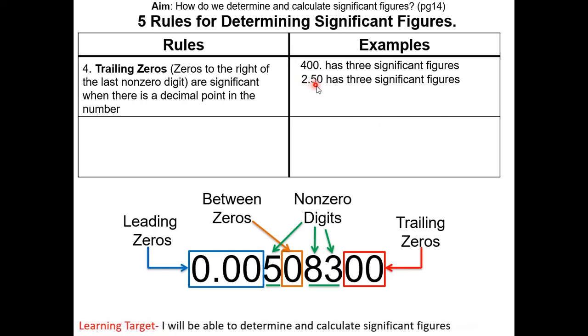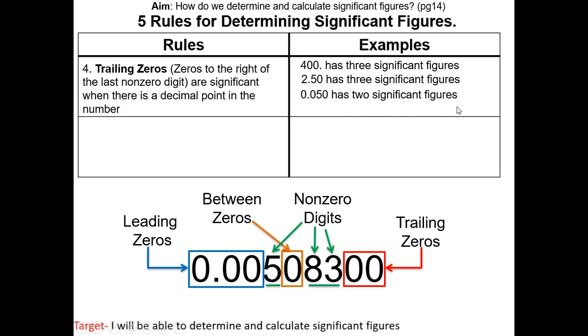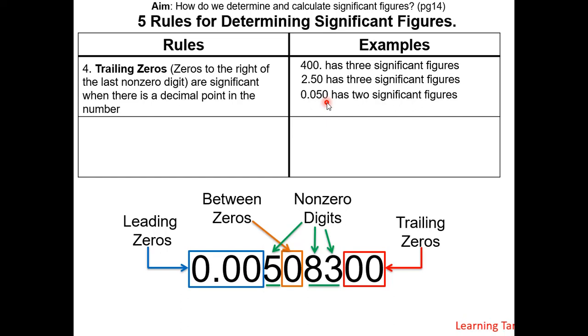If you have 2.50, that is 3 significant figures. 0.050 has 2 significant figures. It's this zero here, which is a trailing zero, that is significant, not these two leading zeros. 3.7770 is 5 significant figures. This trailing zero is significant.